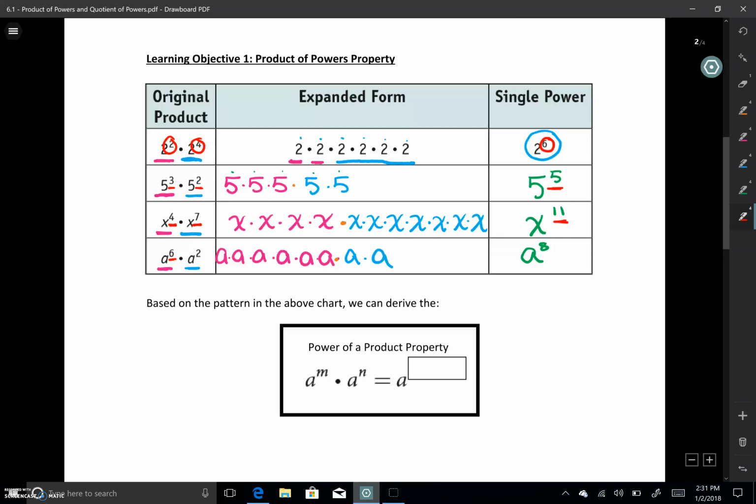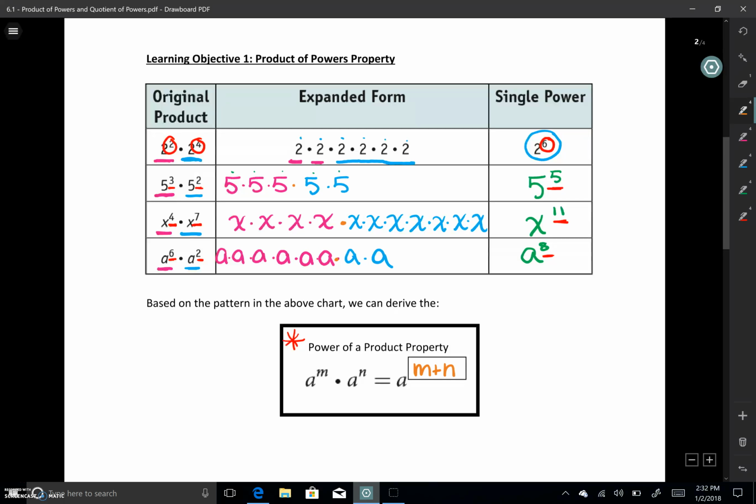And the same thing here with 6 and 2, I get 8. Based on that pattern, we can derive the product of powers property. And what the property looks like notationally would be in this box here. a to the m times a to the n equals a to the m plus n.